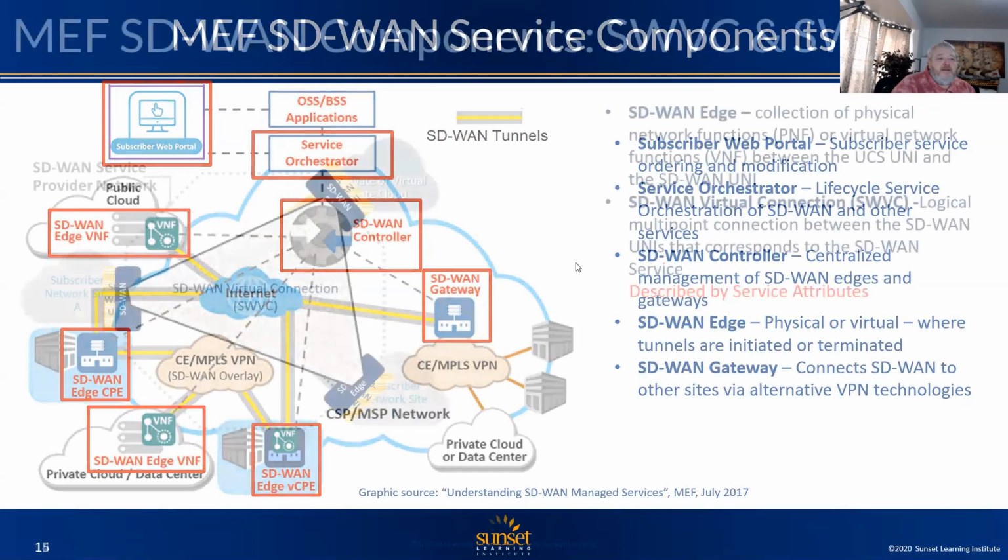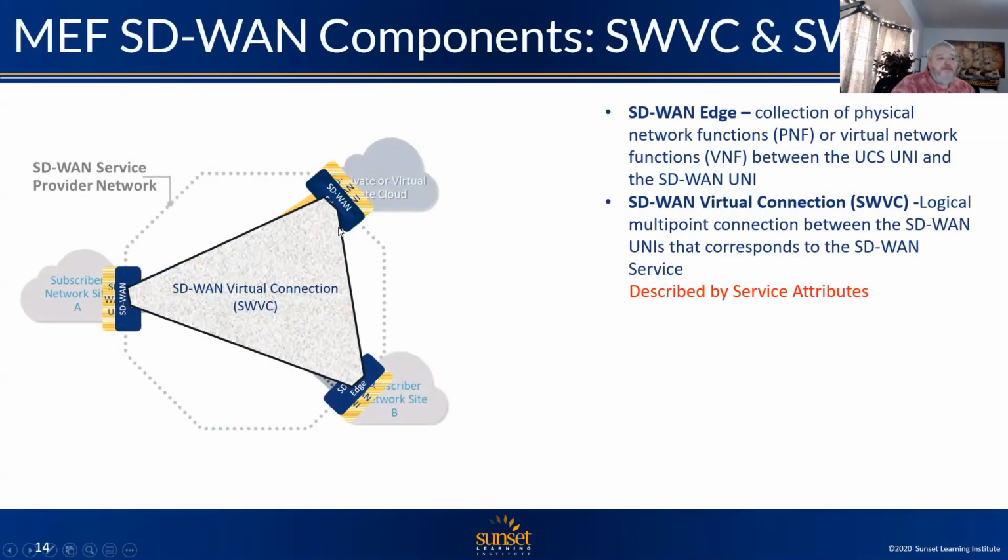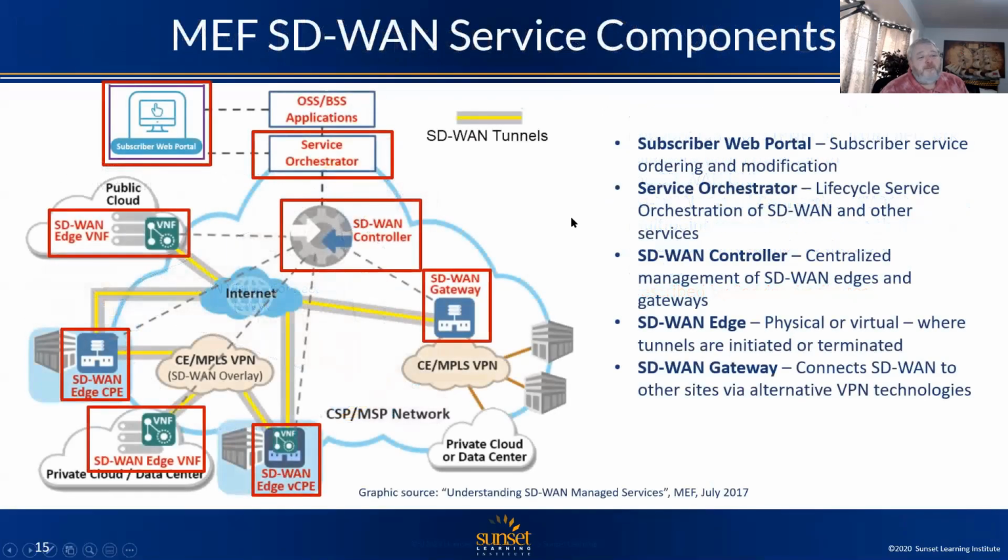And then I guess I didn't get the slide in here, but we also have our SWVC endpoints. Each connection into the SWVC is an endpoint. These are the kinds of things that we're going to talk about in any kind of SDCP course that you also need to be very familiar with when you're doing the exam.